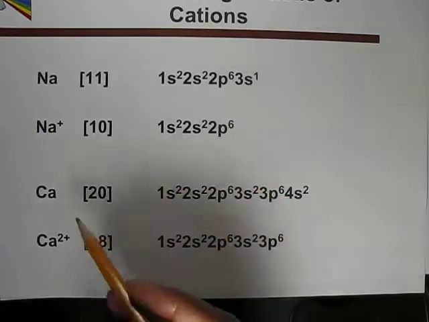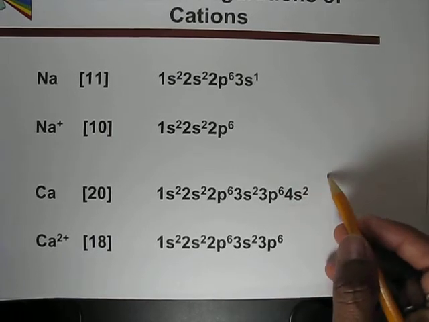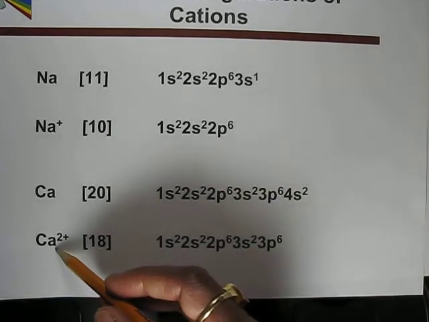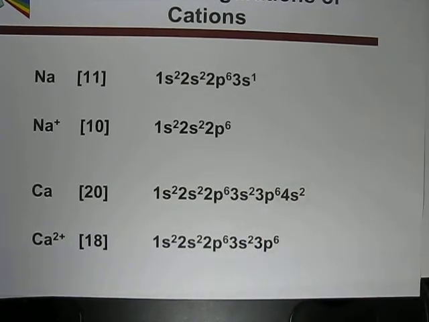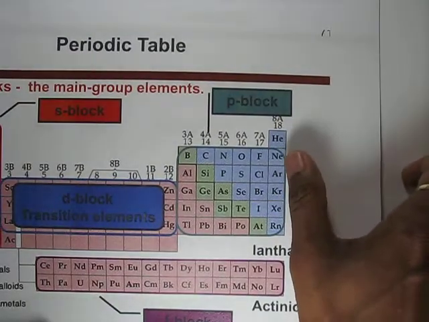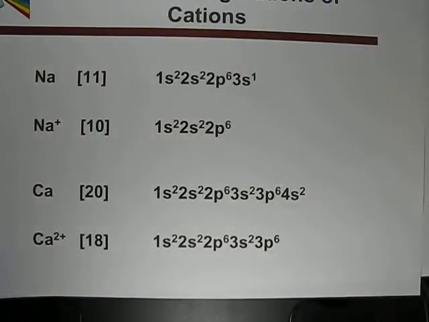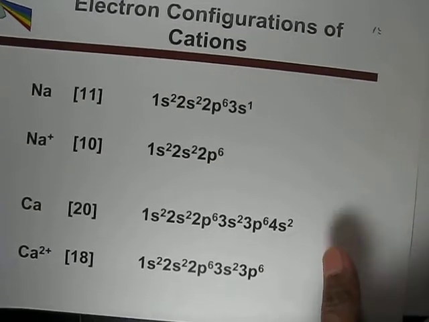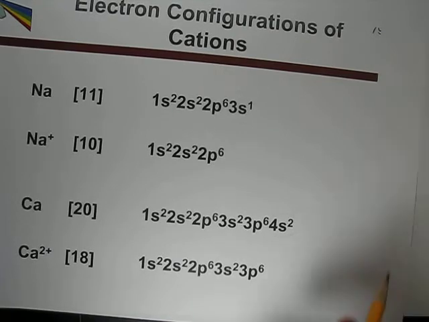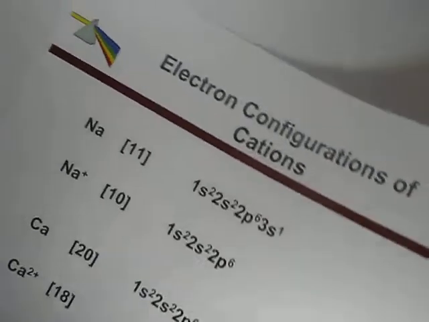On the other hand, calcium has the last electrons in 4s2, and if it loses the 2 electrons, it will become a calcium ion, and it will attain the 8 electron configuration like argon. So it will attain the stable electronic configuration of a noble gas. This is the tendency in the periodic table: metals lose electrons to get the stable electronic configuration at the end.